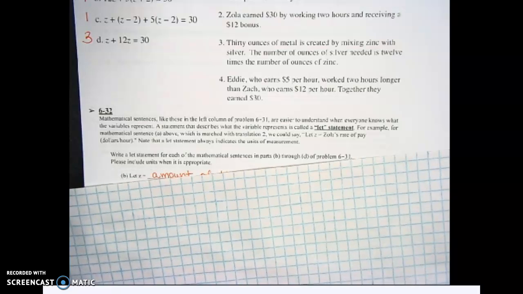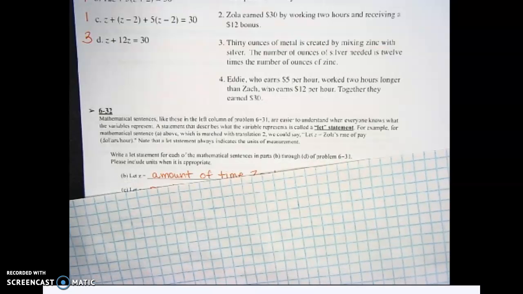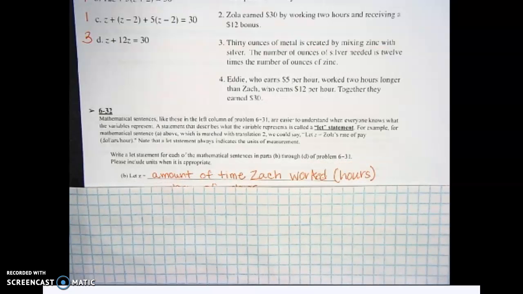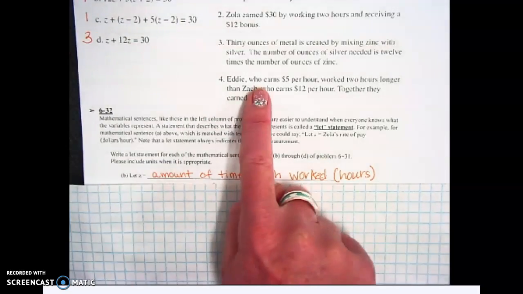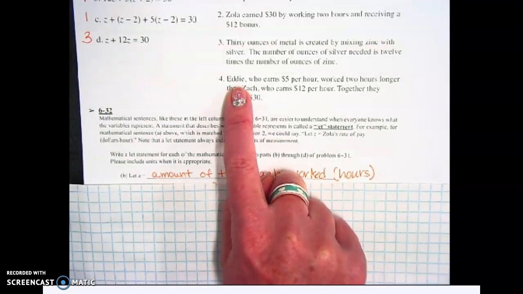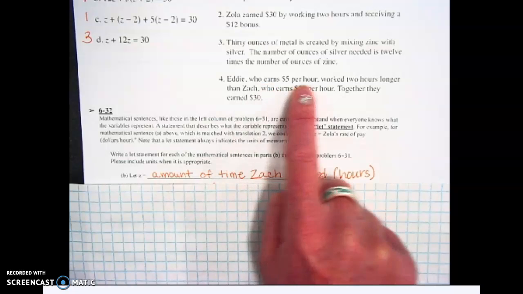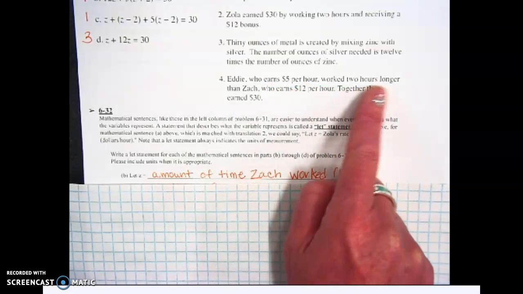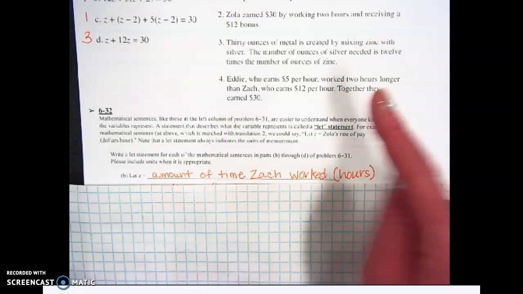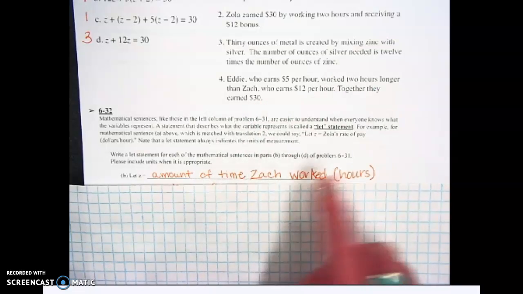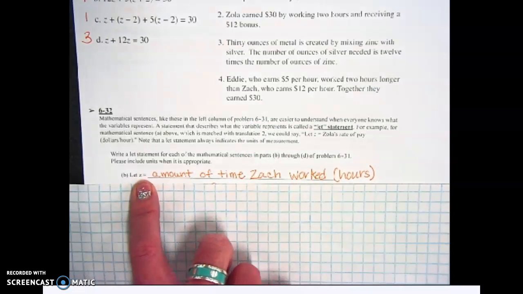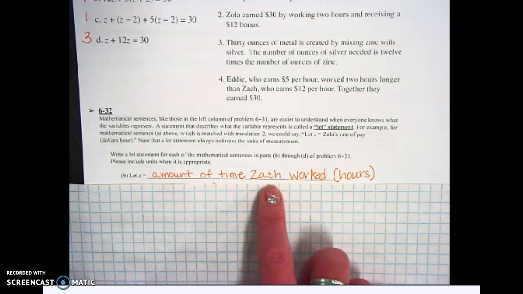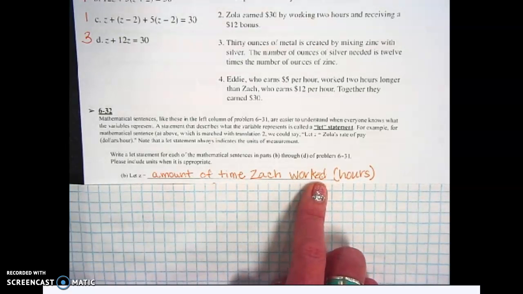All right, so for part B, that was 4, so that's Eddie and Zach. Eddie, who earns $5 per hour, worked 2 hours longer than Zach, who earns $12 per hour. So we're going to let Z equal the amount of time that Zach worked.